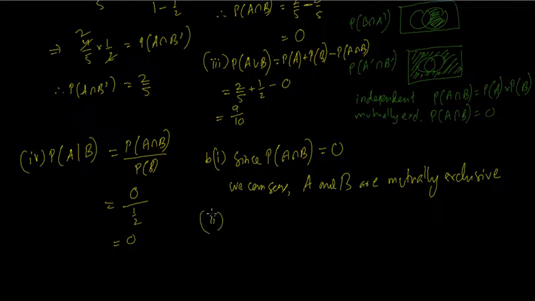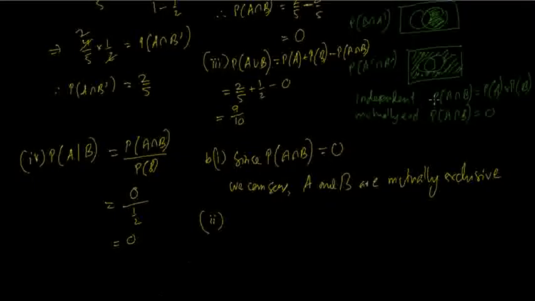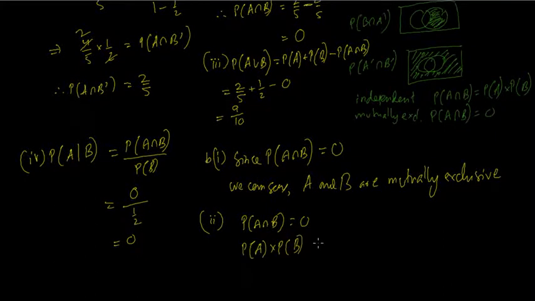Number 2, we have to show whether A and B are independent or not. So you know the rule, if they're independent, then probability of A intersection B should be equal to probability of A into probability of B. So we know probability of A intersection B is equal to 0, and probability of A multiplied by probability of B is 2 by 5 multiplied by half, which is 1 by 5.